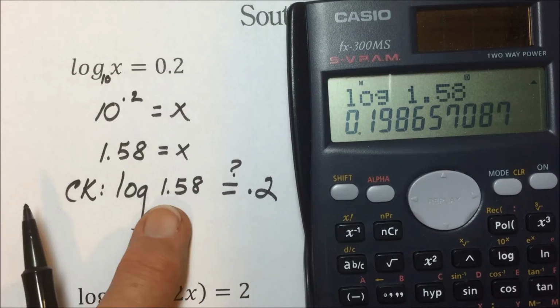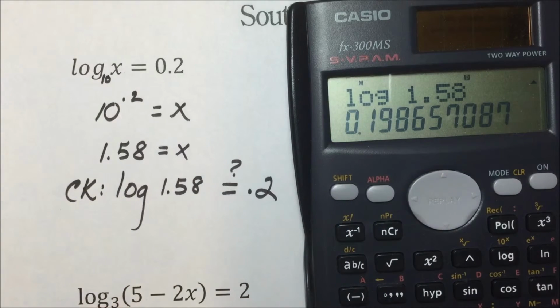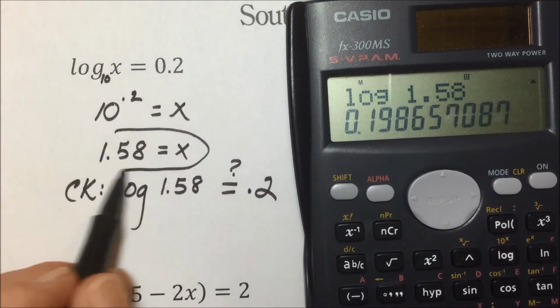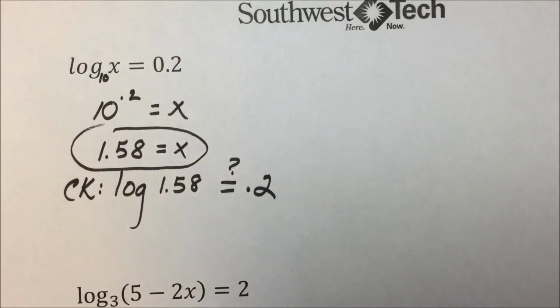And again, because of rounding and approximation, our 0.19 would be, to the nearest tenth, 2/10. So we're satisfied that we have a correct solution. It's always a good idea to check to make sure that the solution is correct.